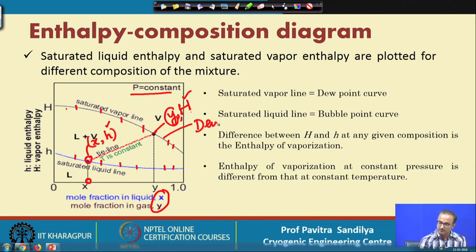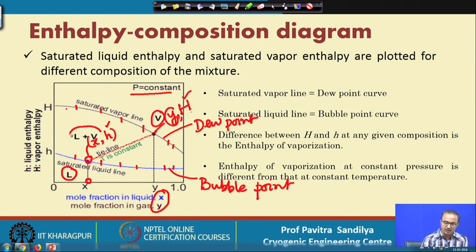And if we join the saturated liquid enthalpies, we get the bubble point curve. Below this bubble point curve we have only subcooled liquid, and above the dew point curve we have only superheated vapor, whereas between these two enthalpy lines we have the mixture of the liquid and the vapor.